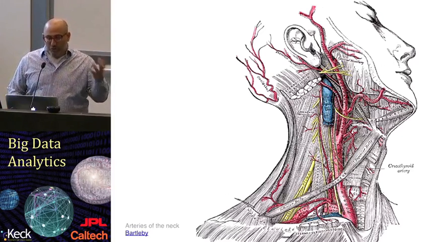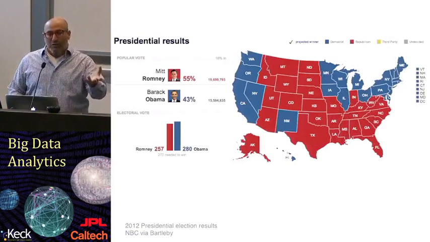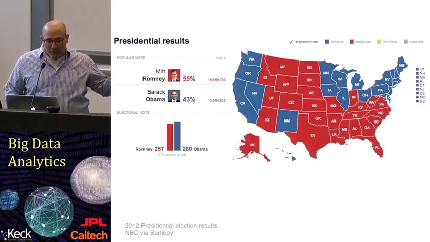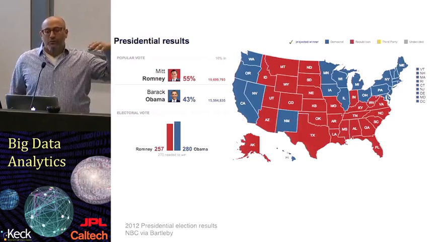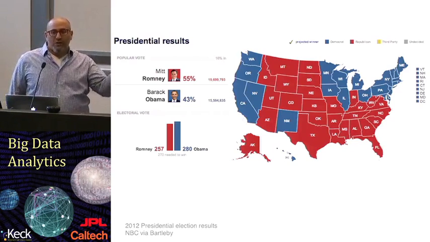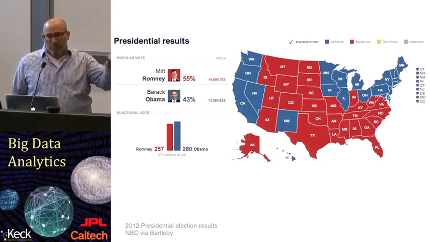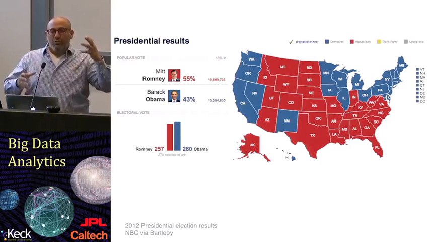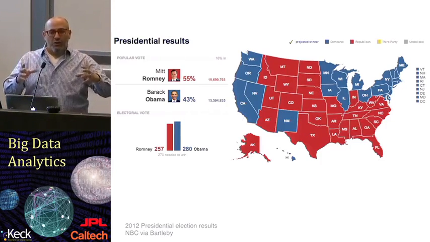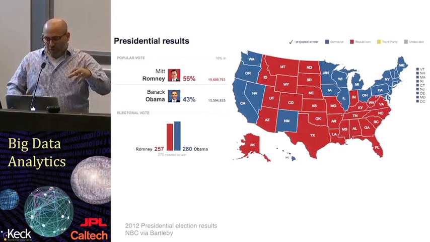So color is being used nominally. You can look similarly at this presidential election map from NBC, and you can see here that we've also used color in a way where red is mapped to the Republicans and blue to the Democrats. So here we've just simply taken 2 colors and made a very easily distinguishable map.